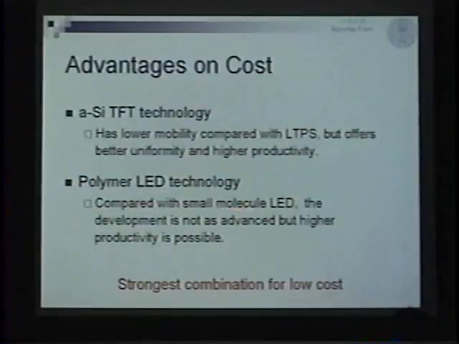Compared with the small molecule LED, the development is not as advanced, but higher productivity is possible. Nowadays, this technology has caught up with small molecule LED technology, and lifetime and efficiency are almost the same. So this combination is the strongest, as far as I know.